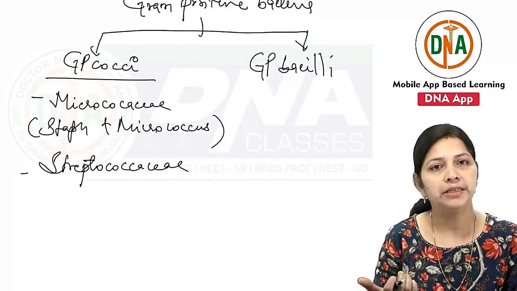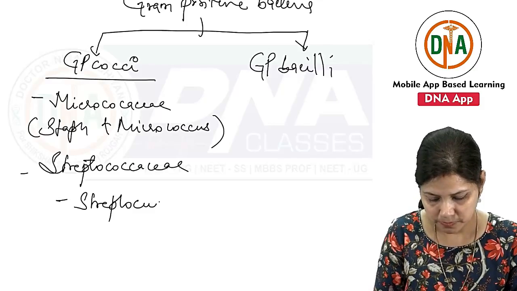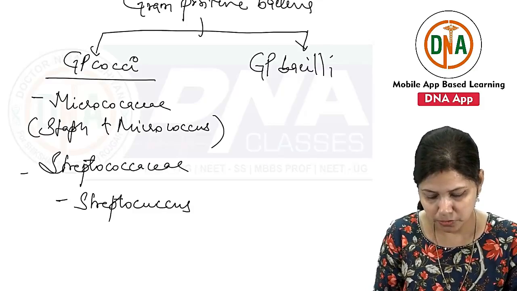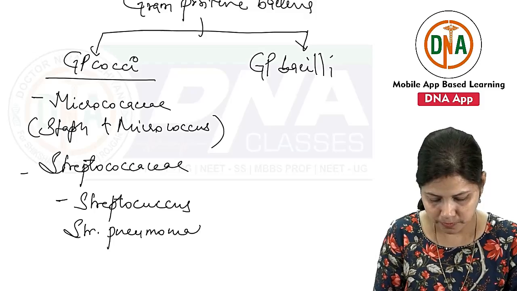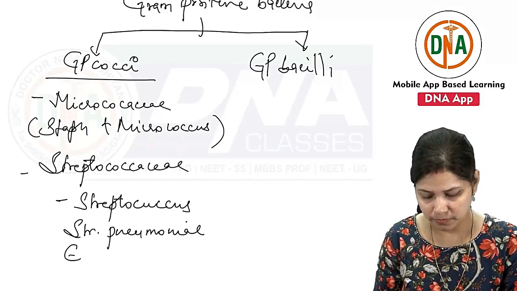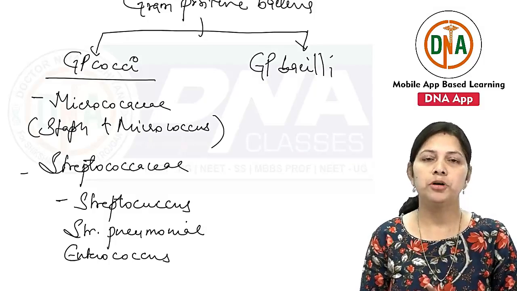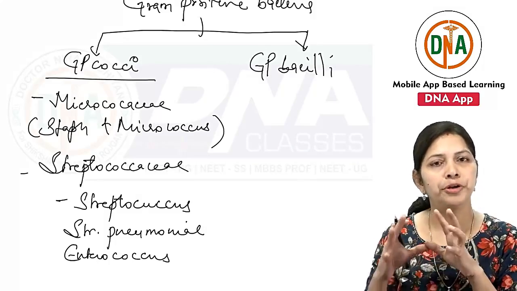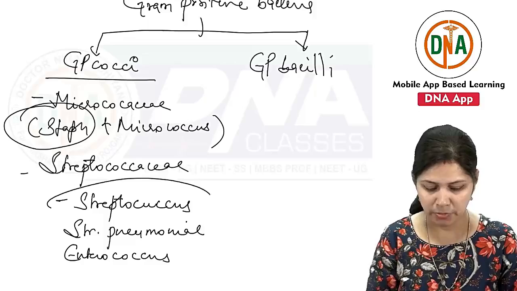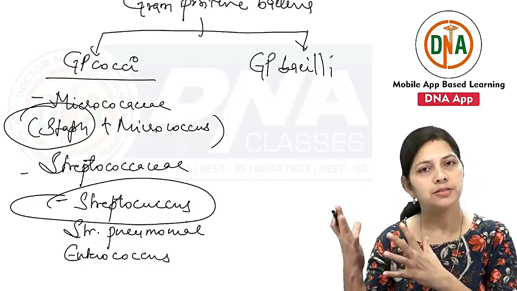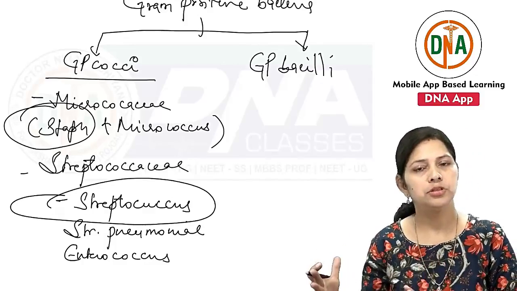It has bacteria like Streptococcus, including Streptococcus pneumoniae and Enterococcus. So in gram positive cocci we will be taking two important groups. First is the Staphylococcus and second is the Streptococcus, including the various Streptococci, Streptococcus pneumoniae and Enterococci. Okay, so this we will take.